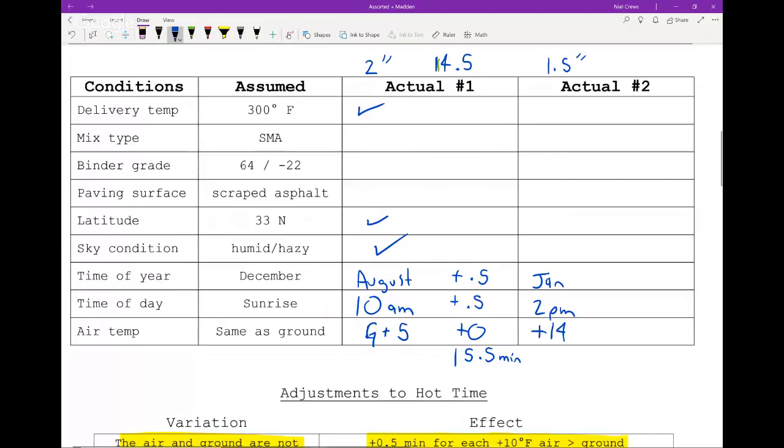I'll give you plus 14 degrees here, or G plus 14. It is overcast and breezy. The nearby airport is measuring winds of around 15 miles per hour. However, the paving site is on our side of town, so the trucks are arriving with the hot mix at a nice 320 degrees.